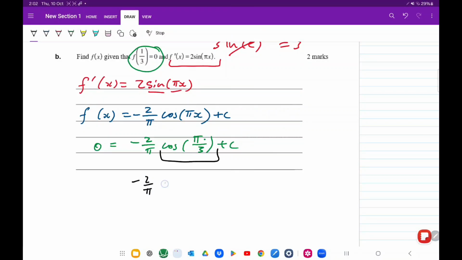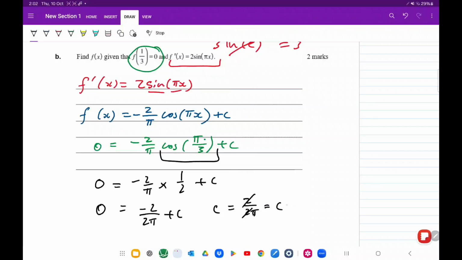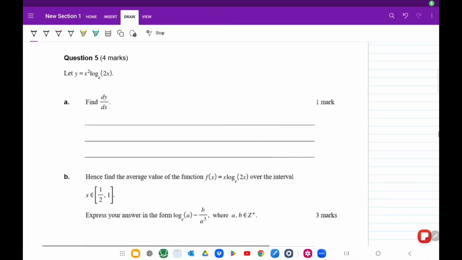Cos pi on 3 is equal to 1/2, so 0 is equal to negative 2 over 2 pi plus c. c is equal to 2 on 2 pi, so c is equal to 1 on pi. So this becomes our final equation of f of x is equal to negative 2 over pi cos pi x plus 1 over pi.